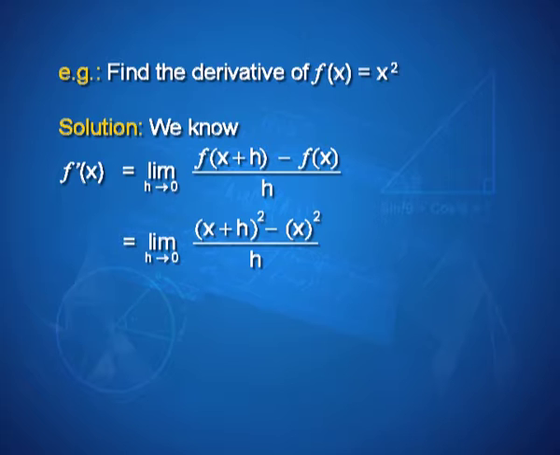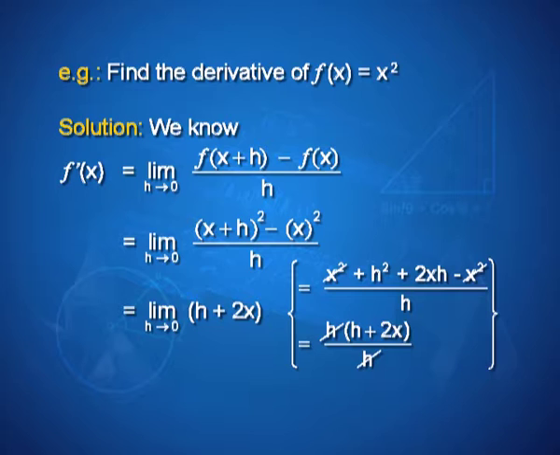It can be simplified here by expanding the binomial a plus b whole square is equal to a square plus b square plus 2ab, and then solving it. We have limit h plus 2x as h tends to 0, that is equal to 2x. Look into another example here.